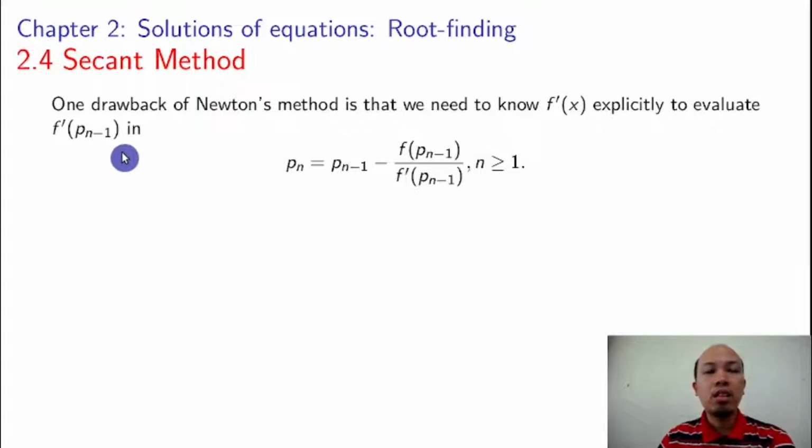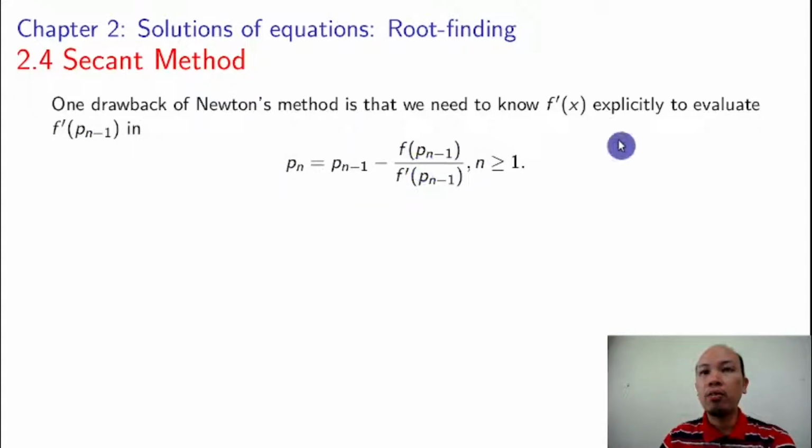It says here, one drawback of Newton's method is that we need to know the first derivative explicitly to evaluate f prime of p sub n minus 1 in this formula.